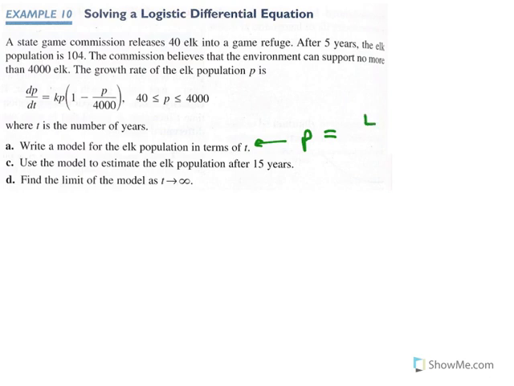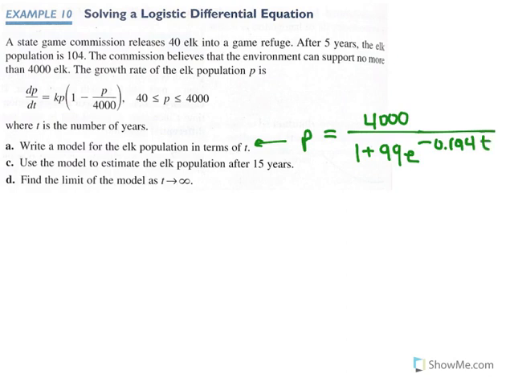So we have the carrying capacity, 4,000, divided by 1 plus, we found B to be 99, times e to the negative kt, and we found k to be about 0.194, so e to the negative 0.194t.